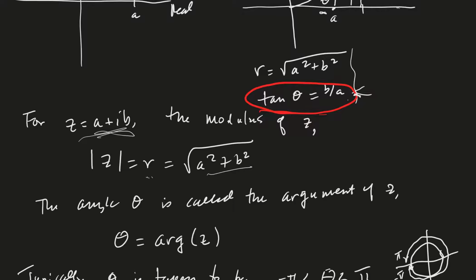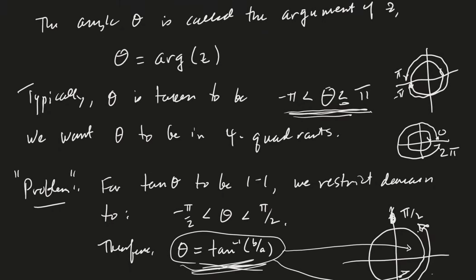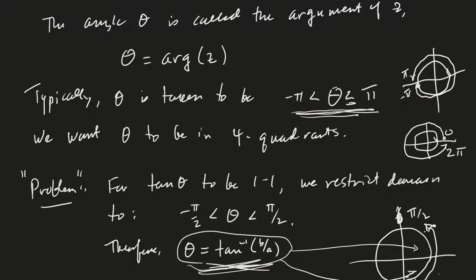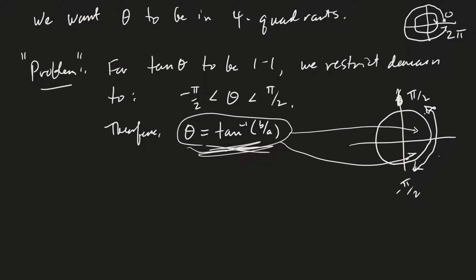We know from the triangle that the tangent of theta is b over a, but you have to be careful, especially if a is equal to 0. The problem with inverting the tangent is that you only get angles between negative pi over 2 and pi over 2.